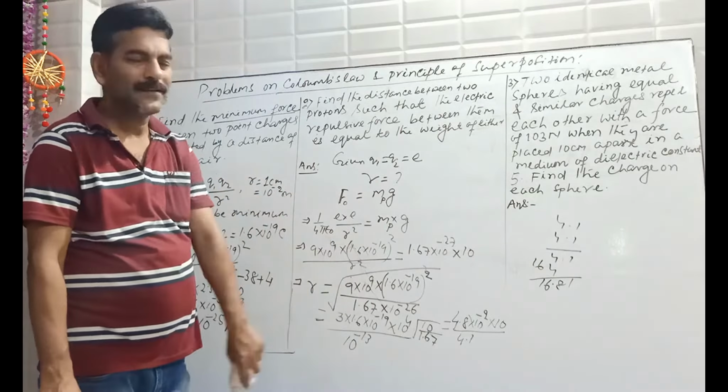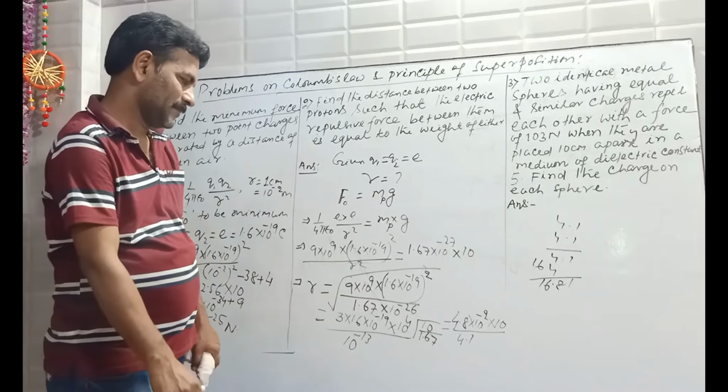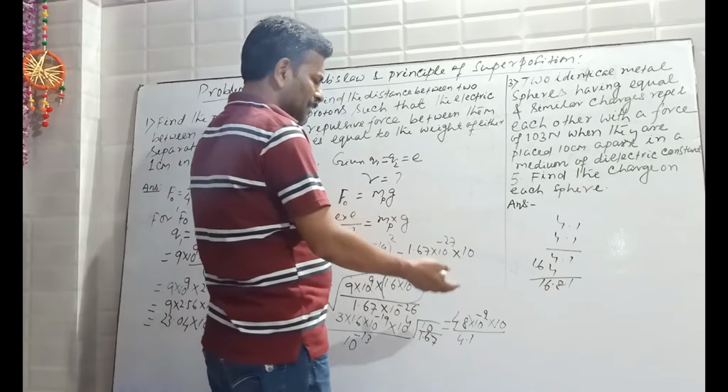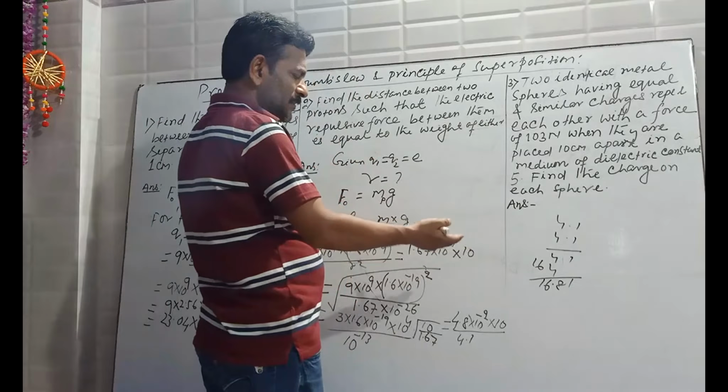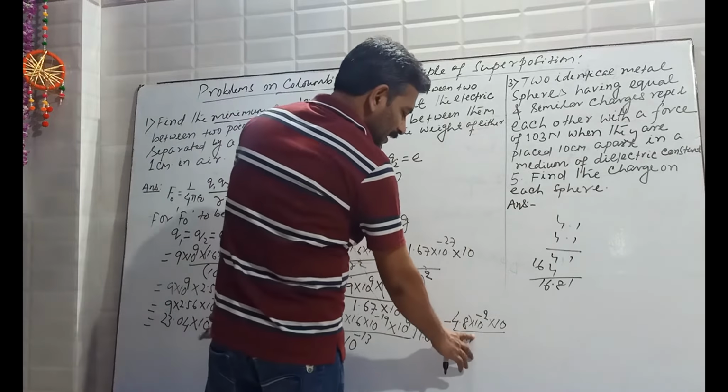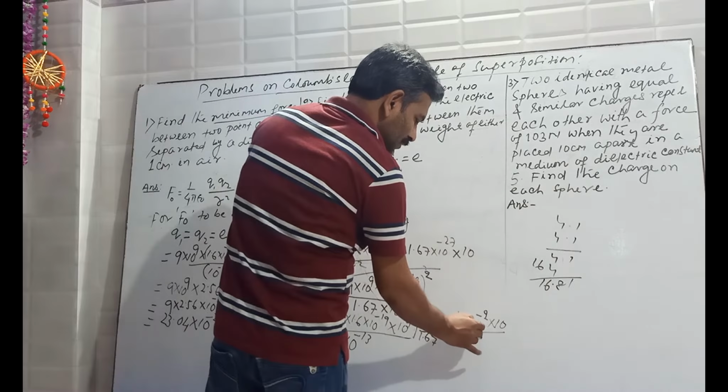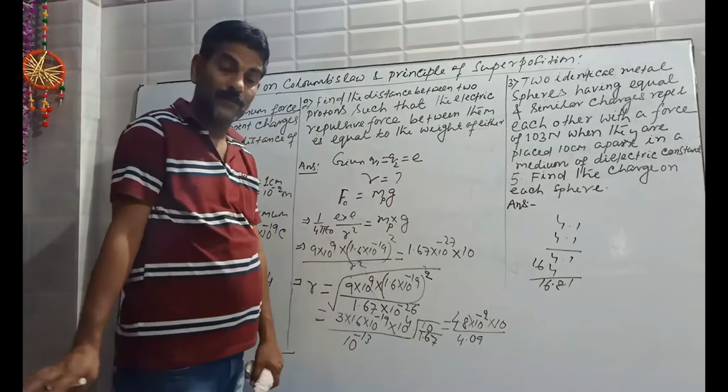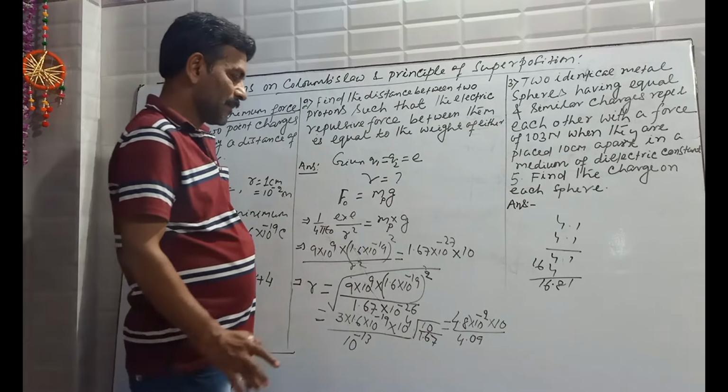Around it will come as 4.1. Okay? You can type 4. It is less than 4.1. So you may type it as 4.09 like this. So the value will be how much?